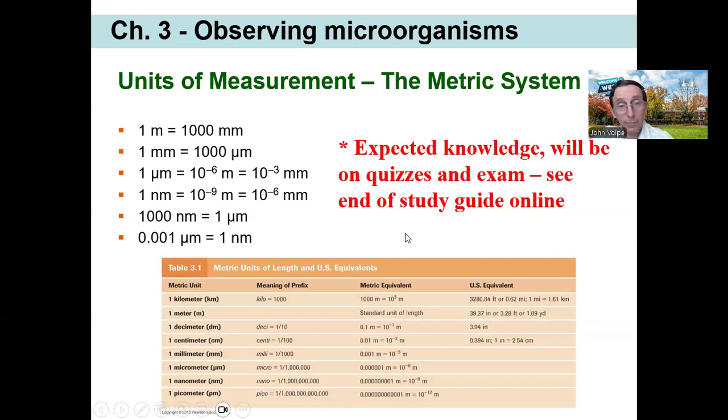For me, I just remember meter is the base unit, 1,000 meters is a kilometer, 1/100th of a meter is a centimeter, 1/1000th of a meter is a millimeter, and 1/1,000,000th of a meter is a micrometer, and then 1/1,000,000,000th of a meter is a nanometer.